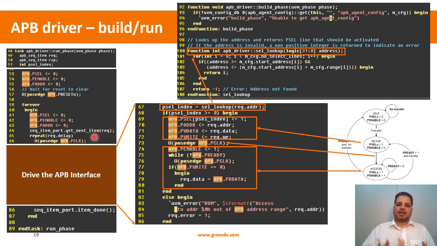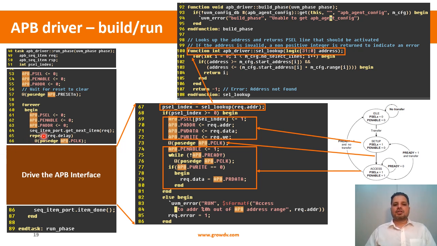The driver is telling it is ready to take in a sequence item, and the sequencer will now coordinate between the sequence and the driver to send that particular request, and then the request becomes available. So once the finish item hits in the sequence, the randomized request becomes available in the driver.